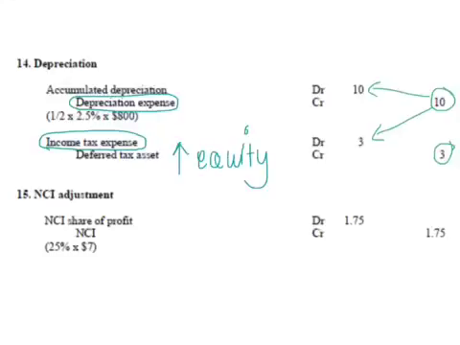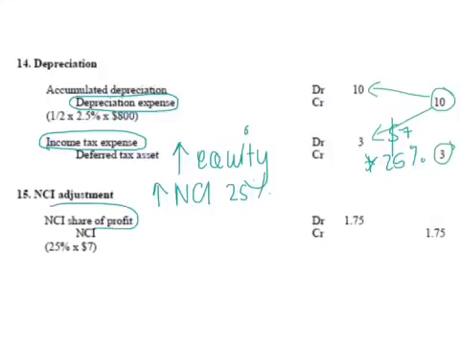So you know by now that if the equity on group level increases, the NCI has to increase proportionally as well. The net effect of this is $7, and 25% of that does not belong to the parent company, but should be extracted from the profit and disclosed separately as part of the NCI.